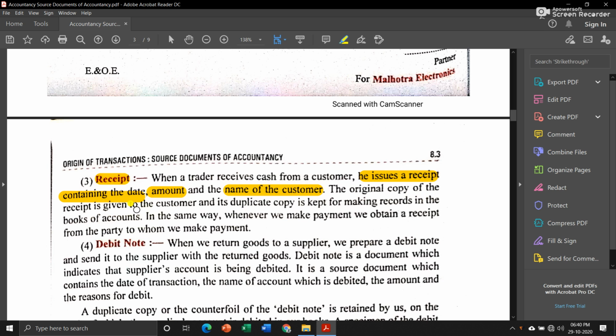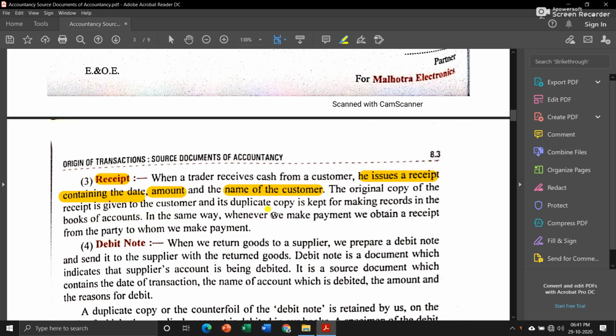The original copy of the receipt is given to the customer, and its duplicate copy is kept for making records in the books of accounts. Same as in the case of invoice, the original will be given to the customer and the Xerox copy will be kept in your business for recording in books of accounts.